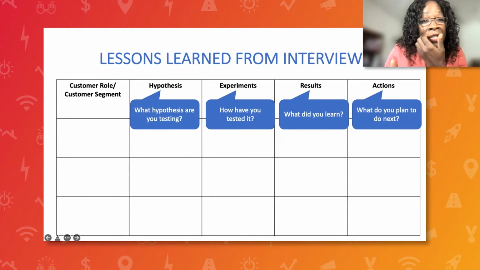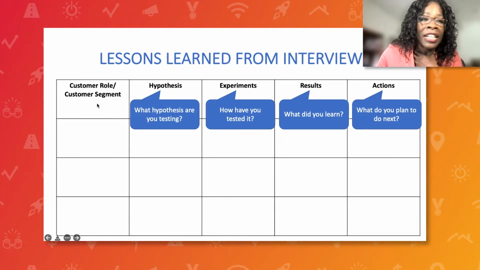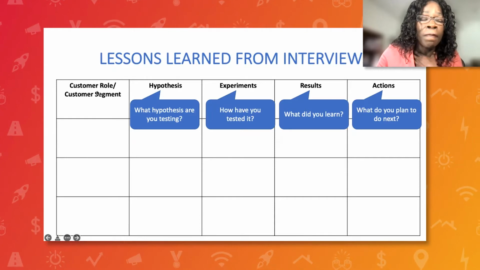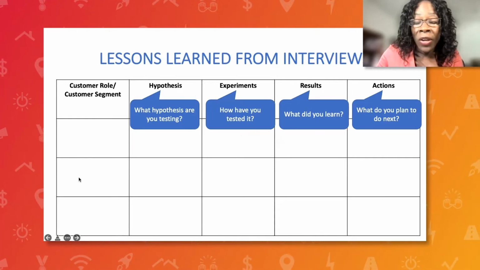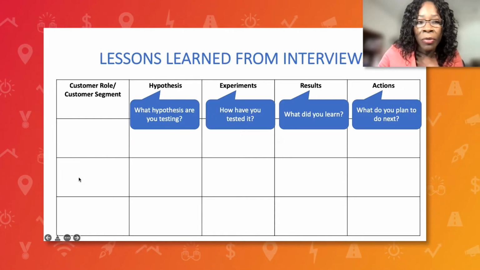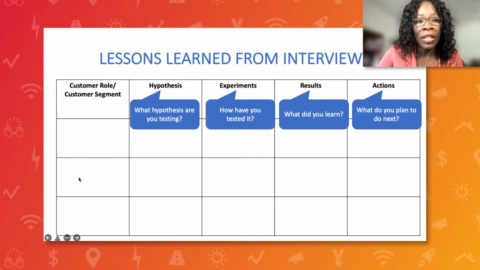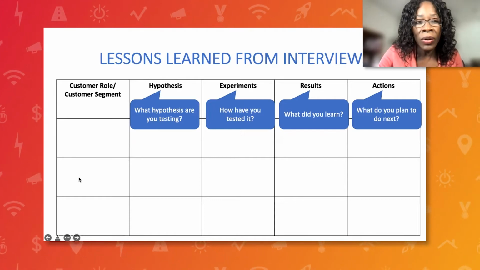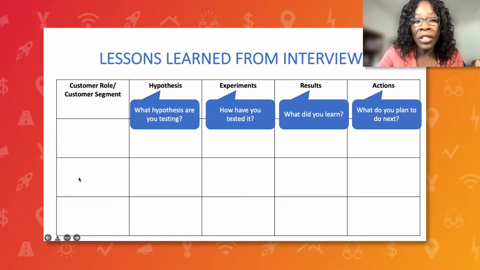And what I'm going to do is put in the chat a chart, and the chart's going to look like this. The first column will have the customer role and customer segment. And remember, we talked about that. We talked about the customer roles in terms of the decision maker, the influencer, the end user, and then the particular customer segment.